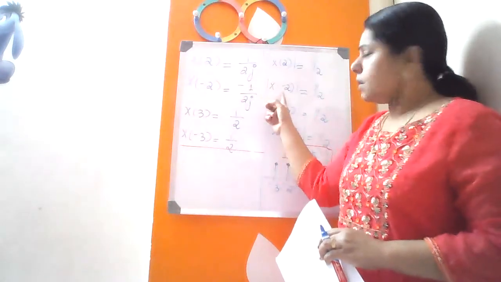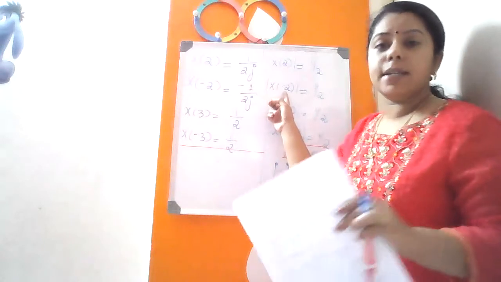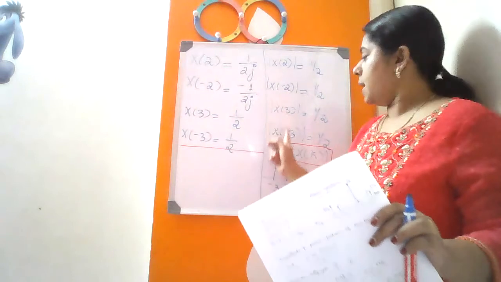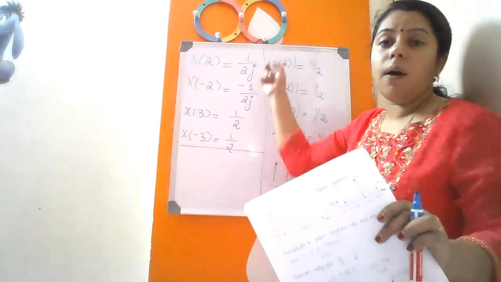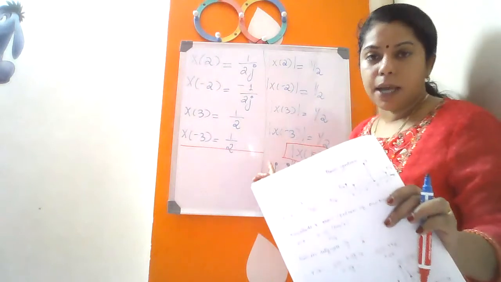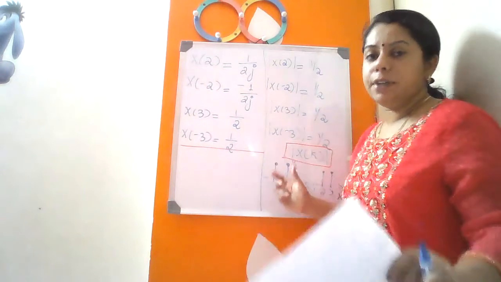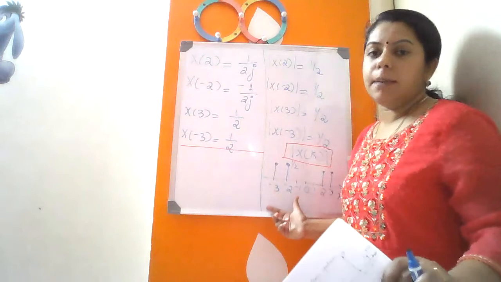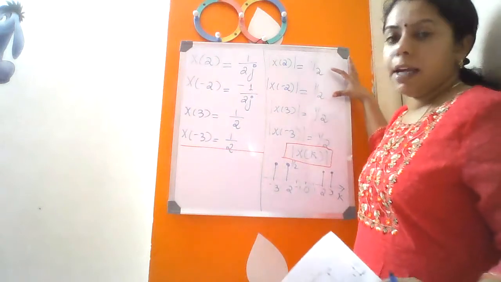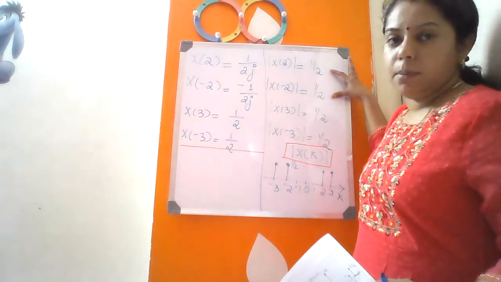Similarly, I can calculate x of minus 2, x of 3, x of minus 3. So all the magnitudes I found out. From these magnitudes I'm just plotting the magnitude spectra. You can see that for all these, the magnitude part I'm getting as 1 by 2.